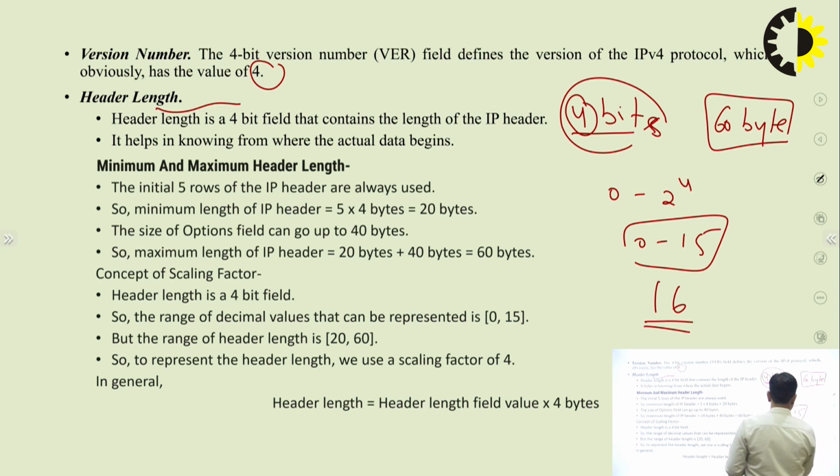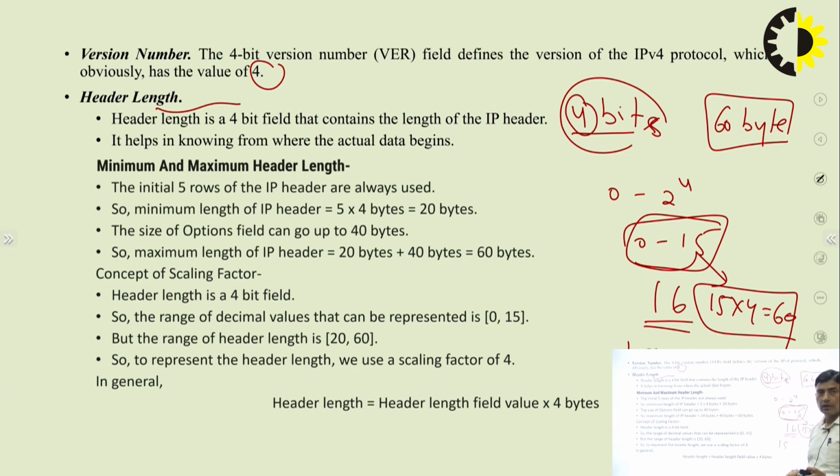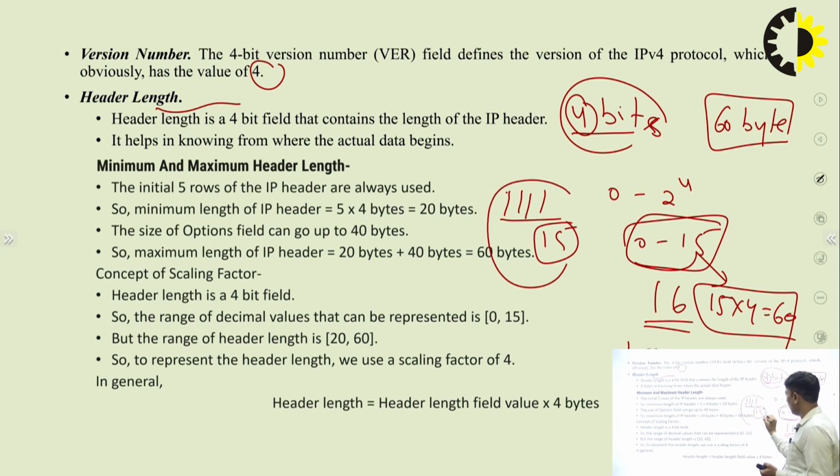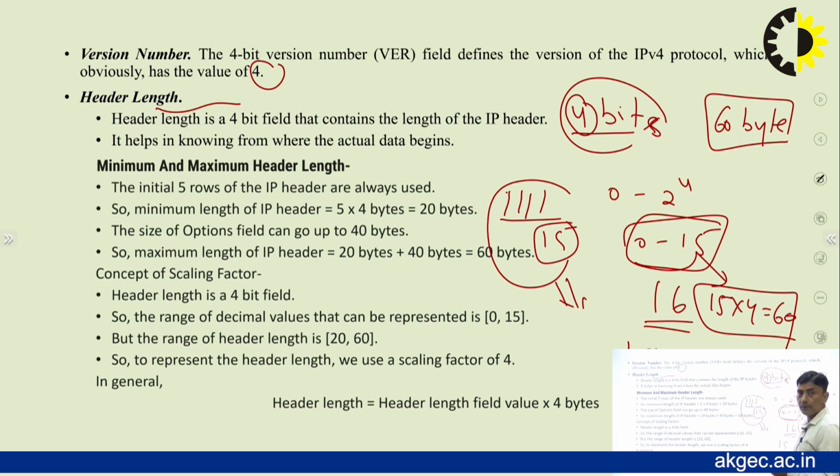When we multiply 15 by 4, the value will be 60. The maximum number that can be represented by the 4 bits is all 4 bits set, that is 15. So the scaling factor 4 is multiplied by the header length value, and that gives the actual length of the header.